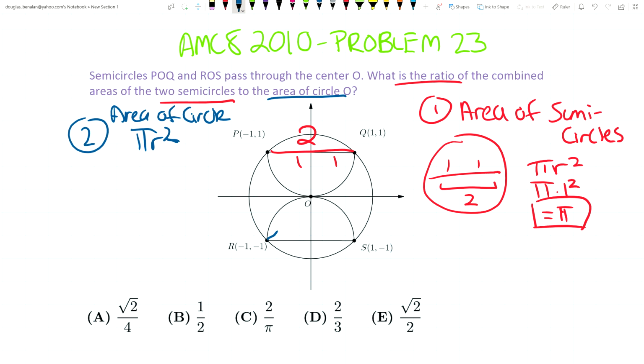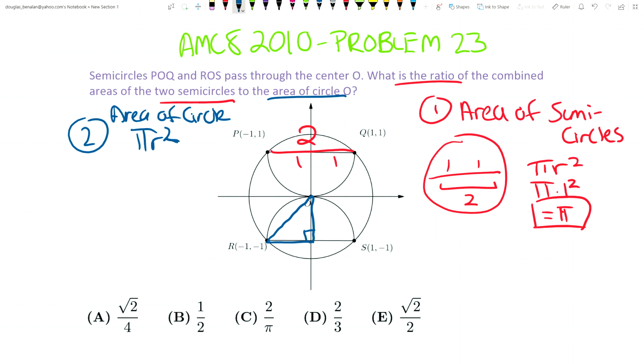We can just take R for example, and draw a line from R to O, and that will be our radius. And to find the radius, we can draw 2 lines right here.